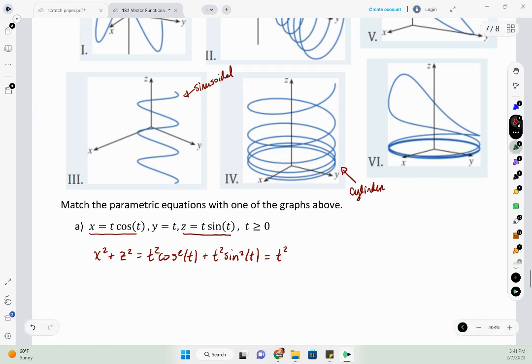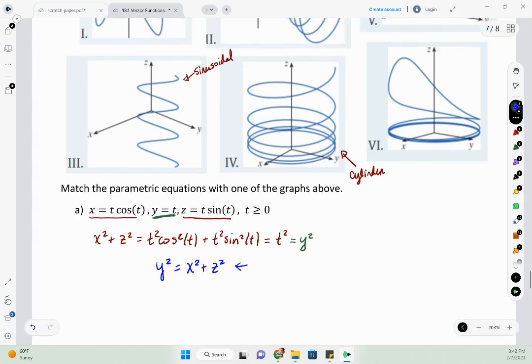But notice this, y is equal to t. So t squared is equal to y squared. I put that together and write y squared equals x squared plus z squared. Now what we learned in 12.6 is that this is the equation of a cone. But y equals t, and t must be greater than or equal to 0, which means y must be greater than or equal to 0.